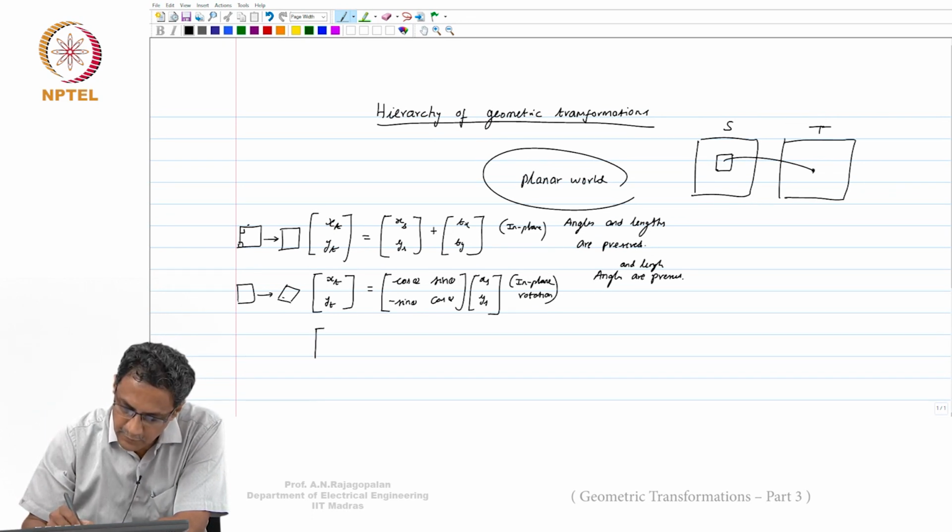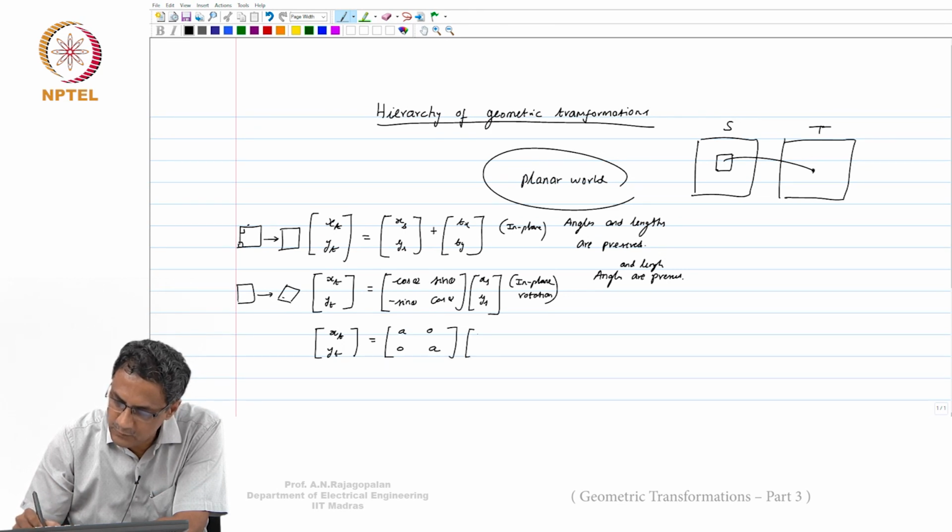Then let's look at uniform scaling, and I have to deliberately say uniform. Okay, so here I'm going to use a 0, 0 a, and then I have xt yt equal to xs ys.